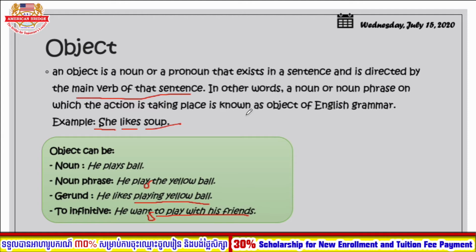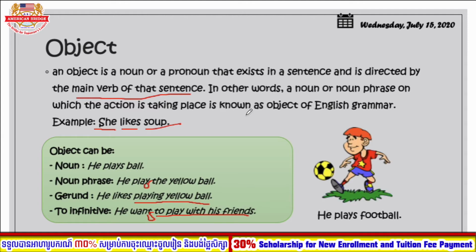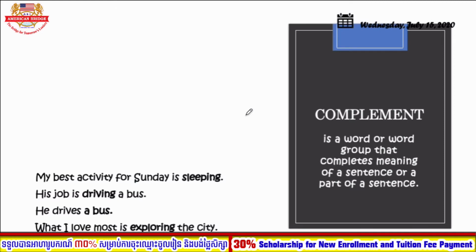Last but not least, it is the confusing one. Here are some more examples about the complements. It might be a new term here. So what is a complement? Complements refer to a word or word groups that complete the meaning of a sentence or a part of a sentence.